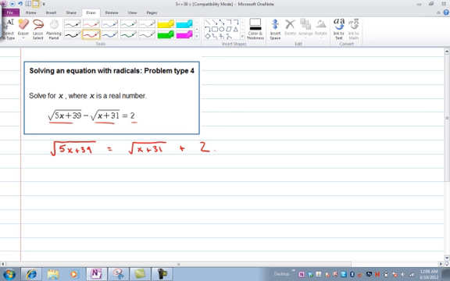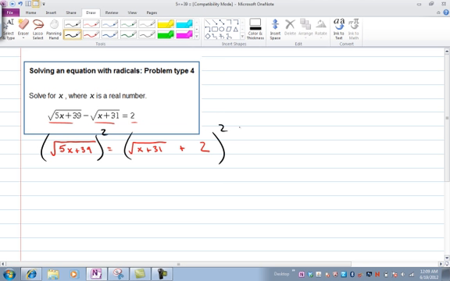Now that we've done this, we employ the tool of squaring both sides of this equation. And this is one of the common places for errors. It is unacceptable and unallowable to square each term of any equation for that matter, but rather in this case we're going to square both sides.